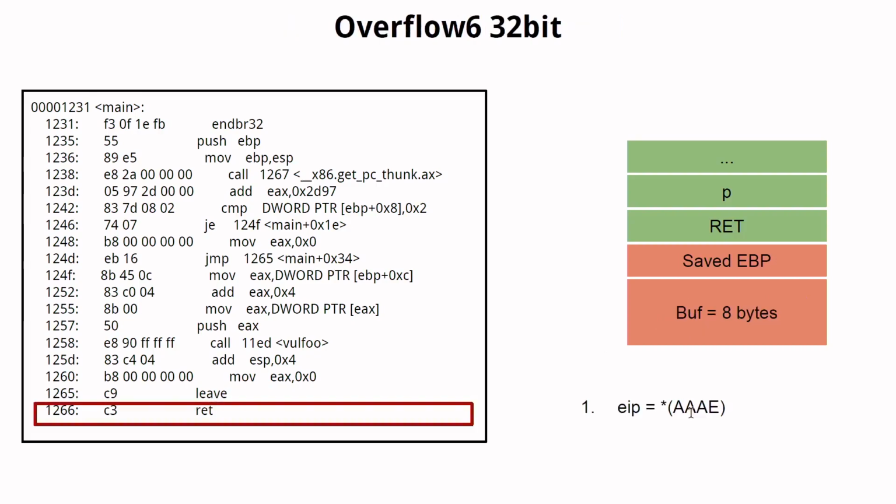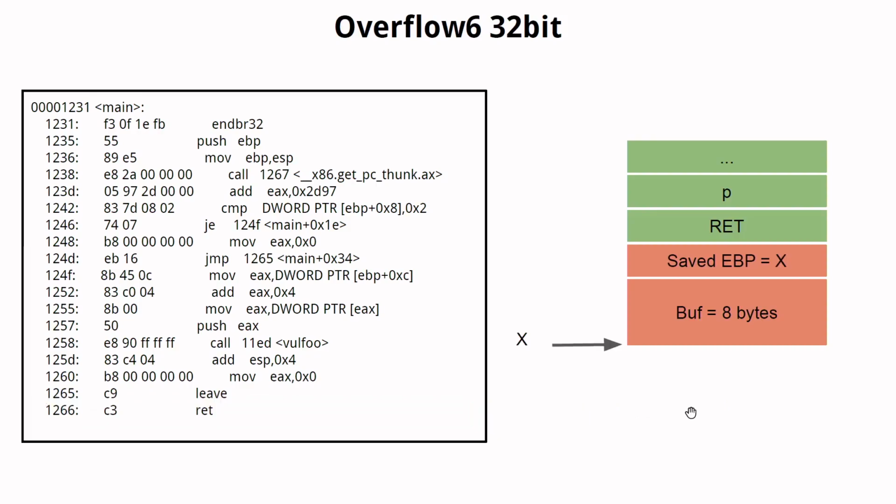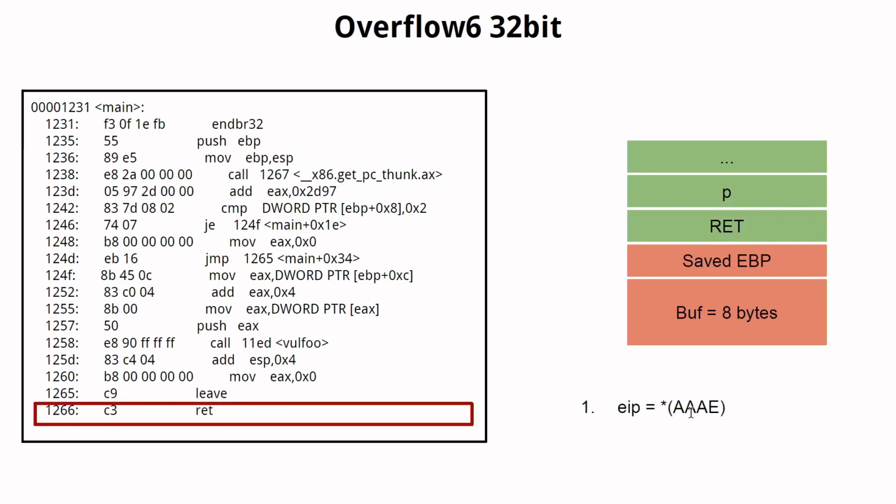So if we want to hack this program, any ideas? We want to take full control of this program. How do we do this? First of all, we want to put our shellcode in the address space, right? And that part is easy. We can just use an environment variable.